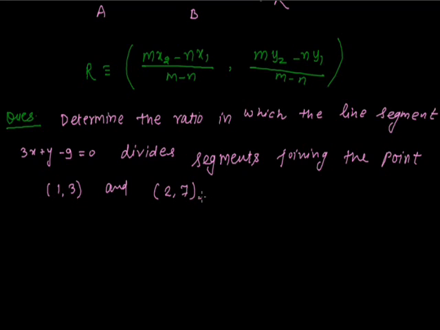So there is a problem where we have the line 3x plus y minus 9 equals 0 dividing the line joining the points (1, 3) and (2, 7). How will we solve this type of problem?